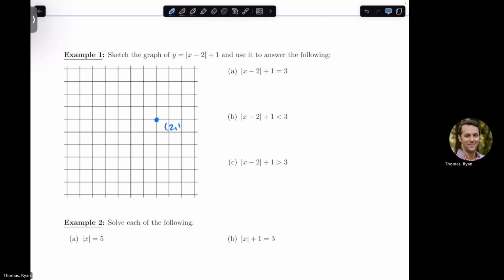Okay. 2, 1. My drawing's not perfect, but something like that.